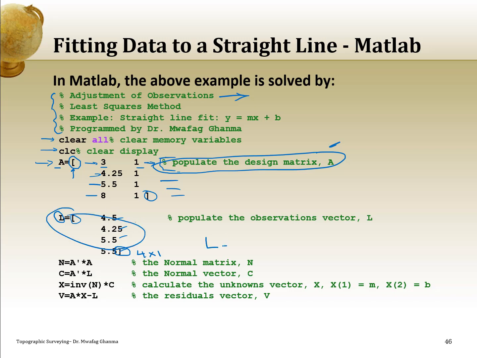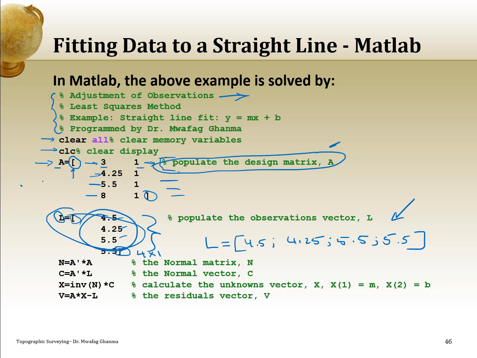You can say L equals, you open the bracket, and 4.5, and you add a semicolon, and then 4.25, and you add a semicolon. So the semicolon is a row separator, and you can write all of these on one line, and then you close the bracket. So either this format or this format. I think this format is more visually representative of the real shape of the vector.